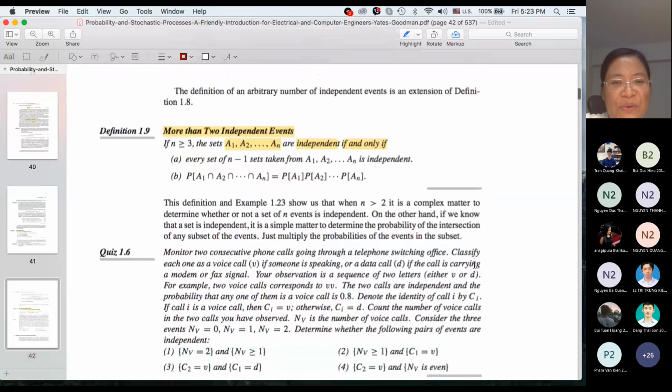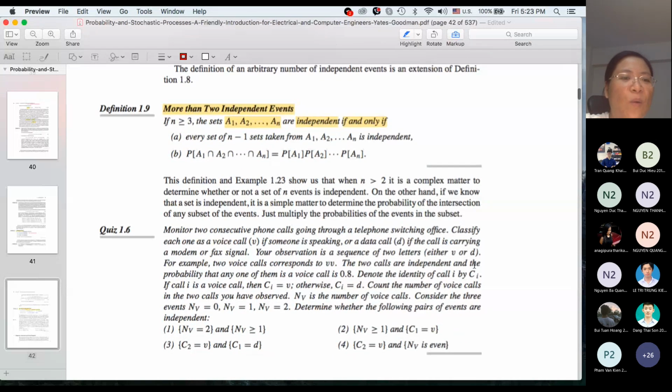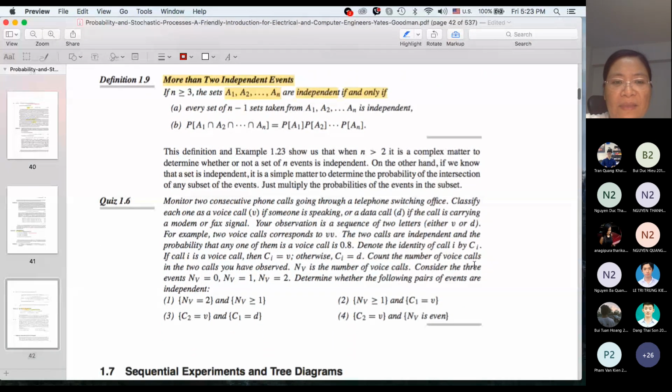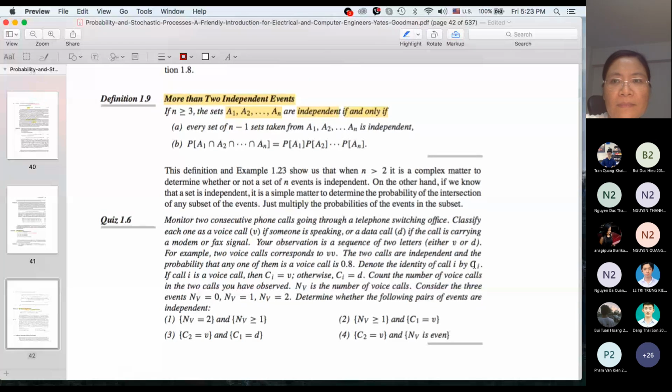I give you the quiz 1.6. Monitor 2 consecutive phone calls going through a telephone switching office.